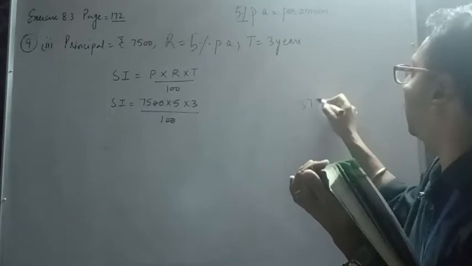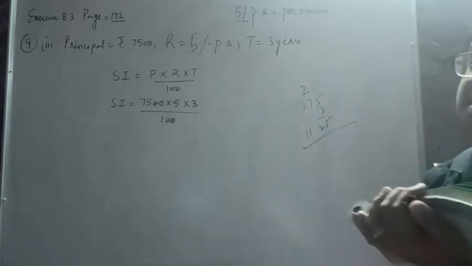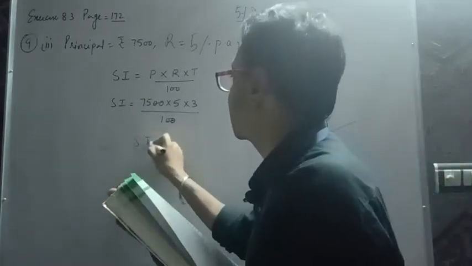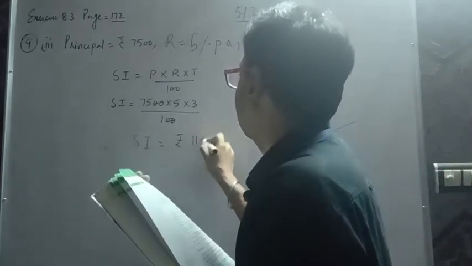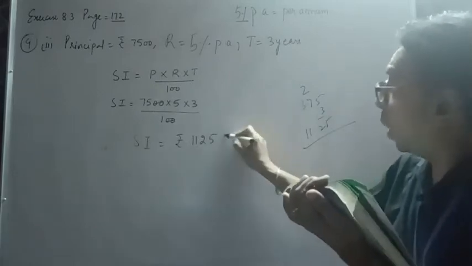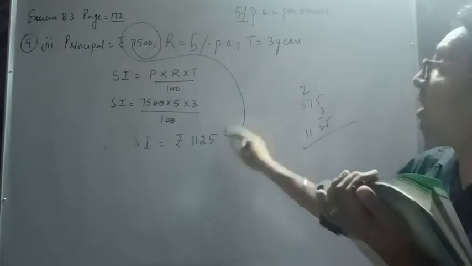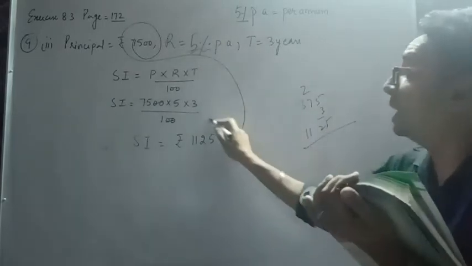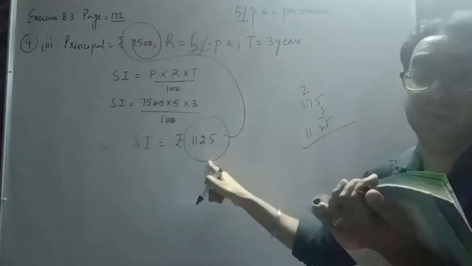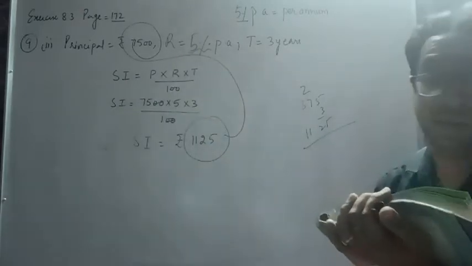Now 375 into 3 is equal to 1125. So what is SI? SI is rupees 1125. It means on this principal 7500, every year with this rate you will get interest of this amount, fixed 1125, if this rate is not changing.